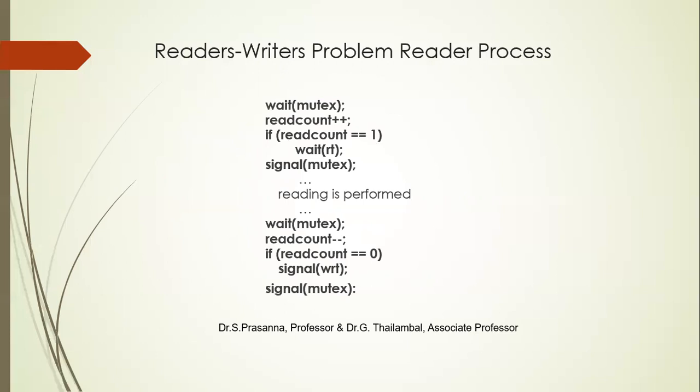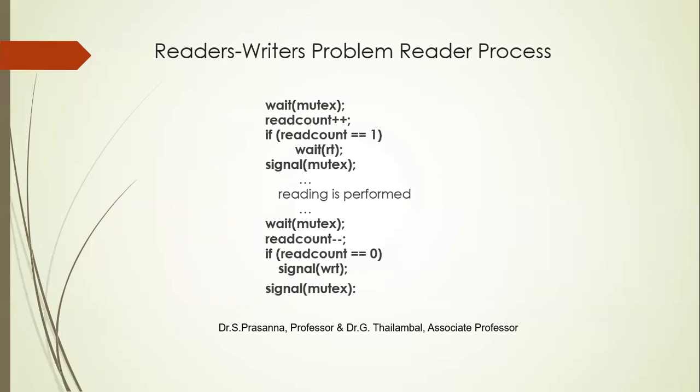Wait of mutex is used when a reader enters, and the read count is incremented. When all the readers have completed their reading, the read count becomes 0. If the read count is 1, that means the first reader has entered, so they wait on the writer.